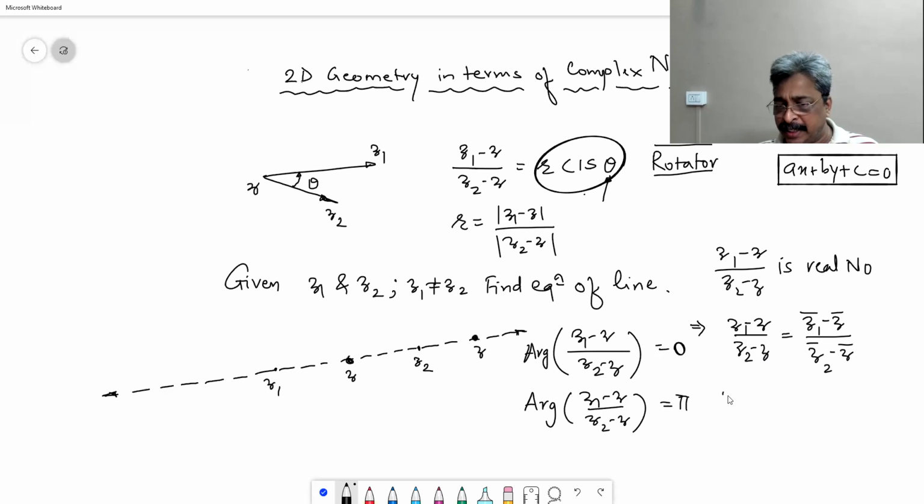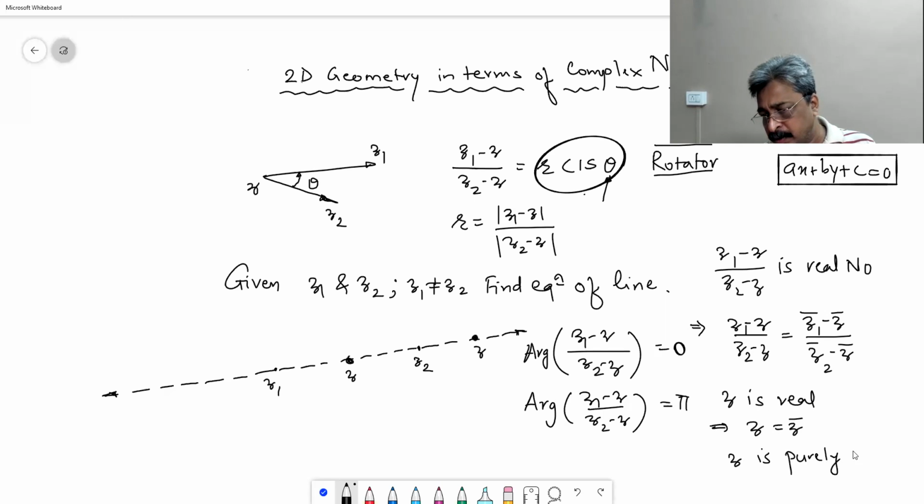And so suppose z is real, means z is equal to z bar. And if z is purely imaginary, then z plus z bar is equal to 0.